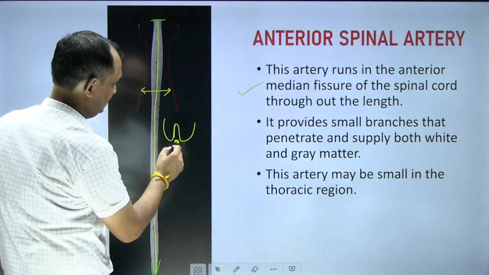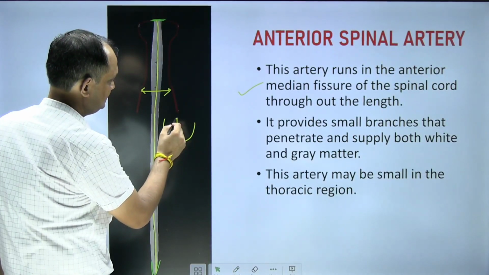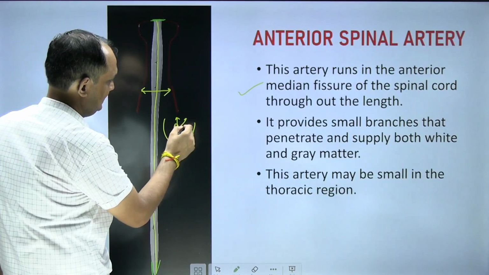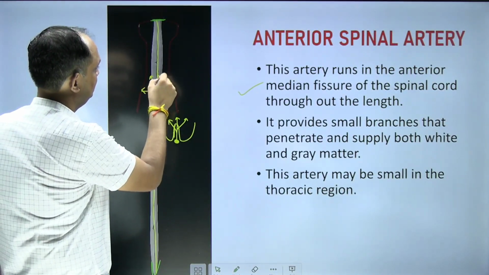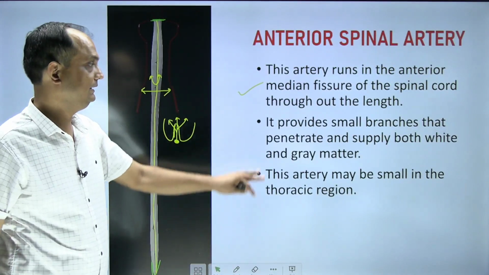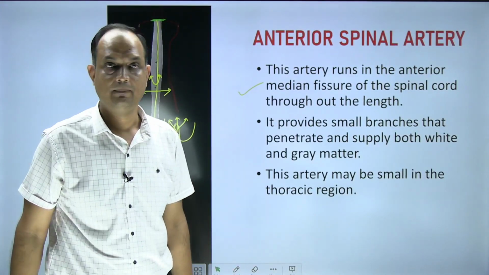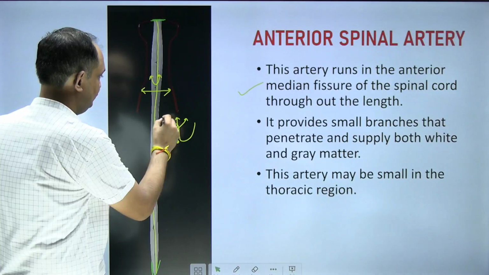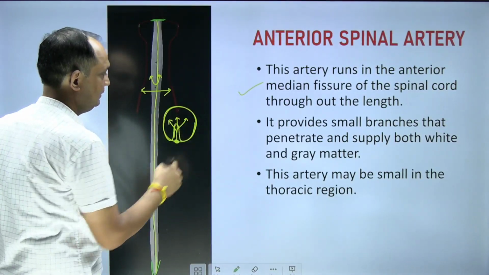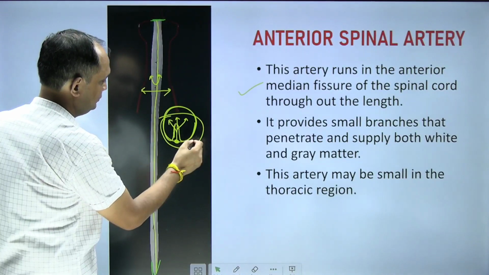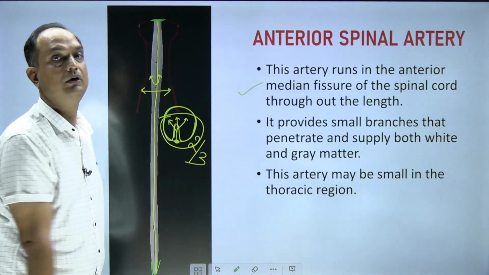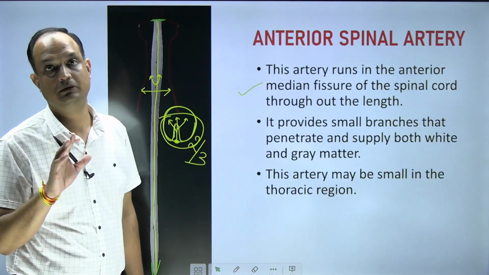This anterior spinal artery gives a central branch, which goes inside, piercing the inner side of your neural tissue, and it supplies both white and gray matter. So, if you see the whole circumference of this spinal cord, the anterior spinal artery is actually supplying almost the anterior two-thirds of the circumference of the spinal cord.